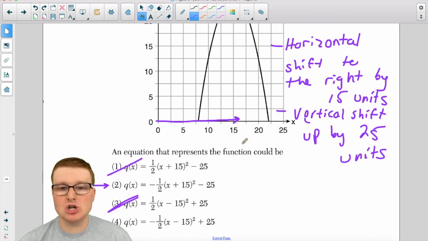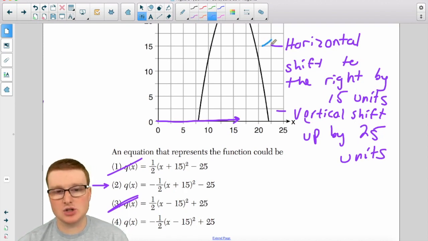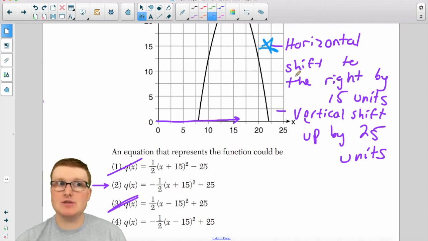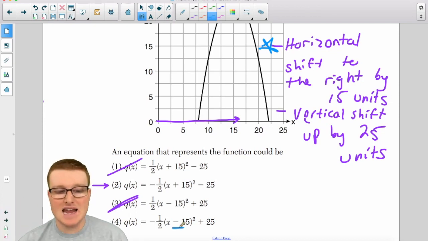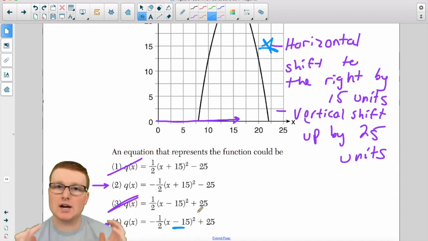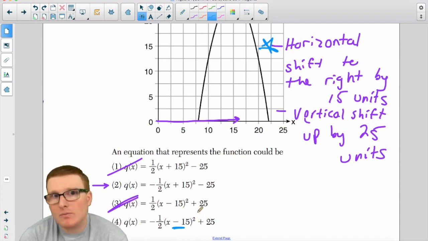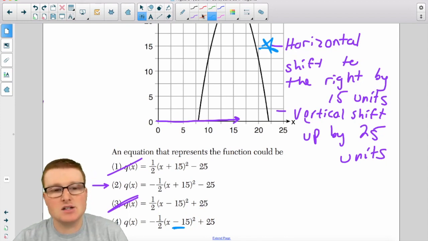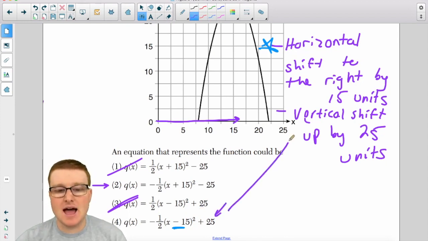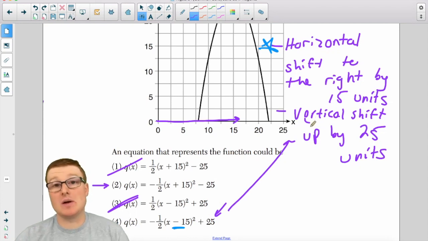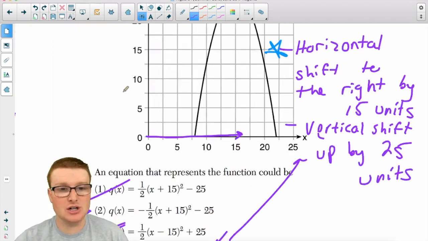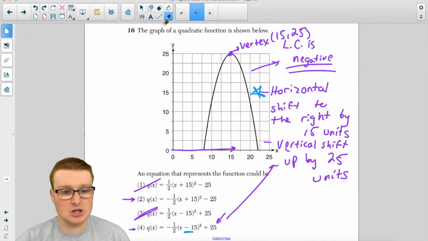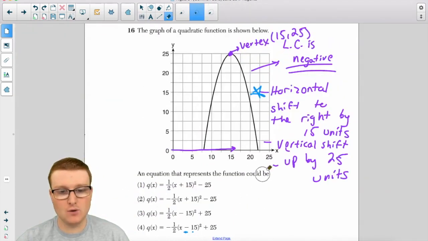Well, what you should know is that if you have a horizontal shift to the right, you think it's positive because you're going that way, but it's actually going to be a negative inside the parenthesis because when you square it, it becomes positive. Hopefully that makes sense. And the vertical shift is the same as the sign. So if it's going up, the sign is positive. So your answer for this one is going to be choice 4.